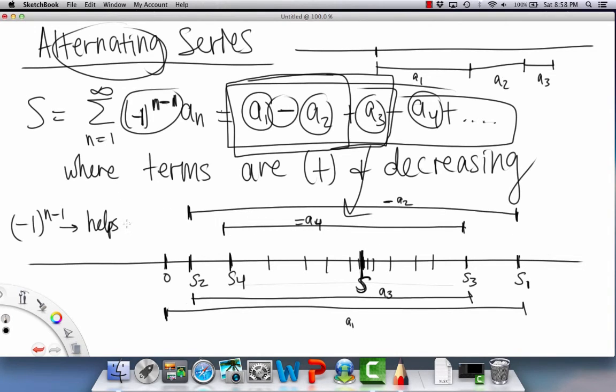So this helps the series converge in the sense that it's like going forward a step and then back a little bit, forward a little bit and then back a little bit. So this is kind of what's called an oscillating motion, but not quite. It becomes less and less until it converges on this one infinite sum. Okay, so now we're going to go over a test for this alternating series.